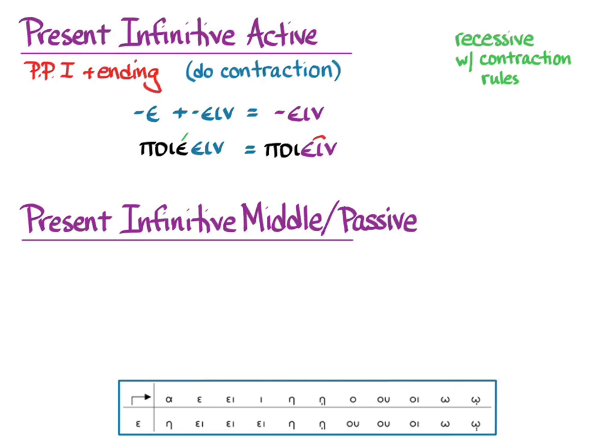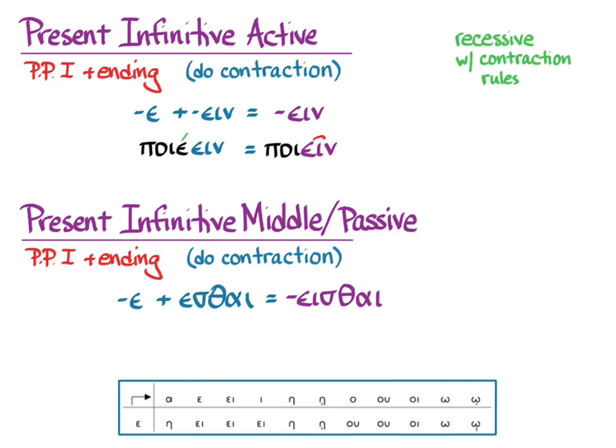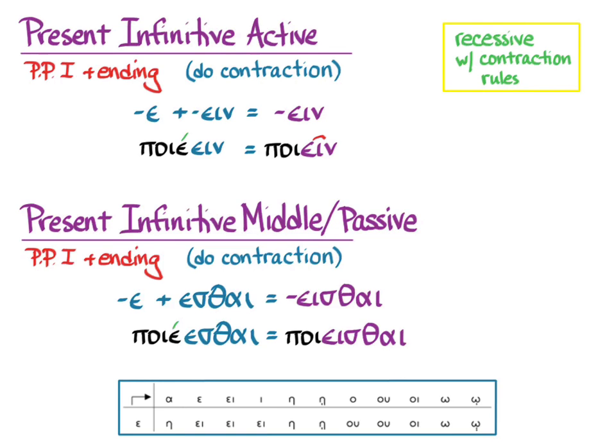The present infinitive middle passive, again, first principle part, it's the only one that troubles us with these contract verbs, is going to be epsilon and the present infinitive middle passive ending that you know, -esthai. Do the contraction and it combines to become -eisthai. So if we do that with our demonstration verb, we get poieisthai, having put the accent where it goes according to the new contraction rules.